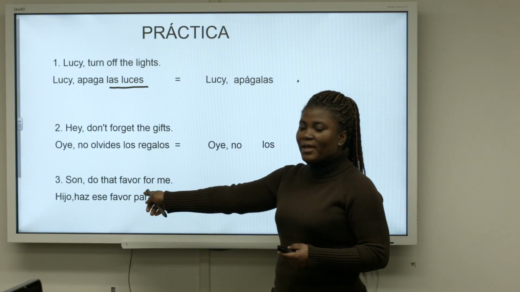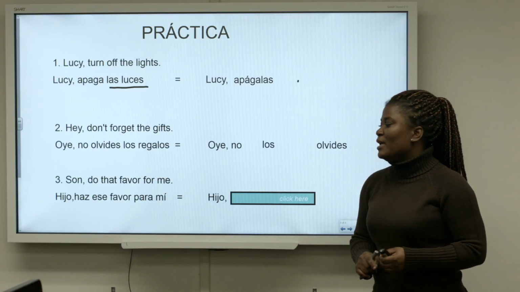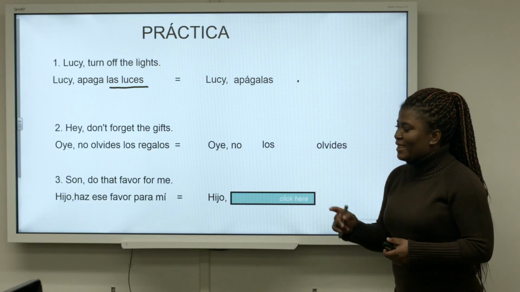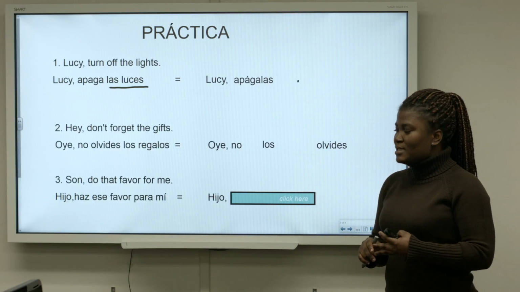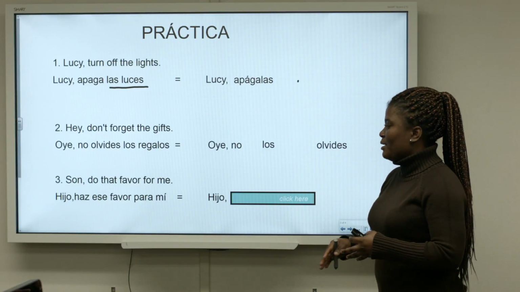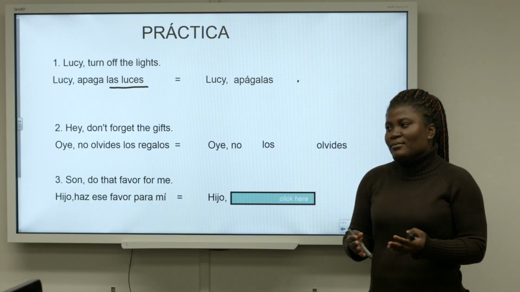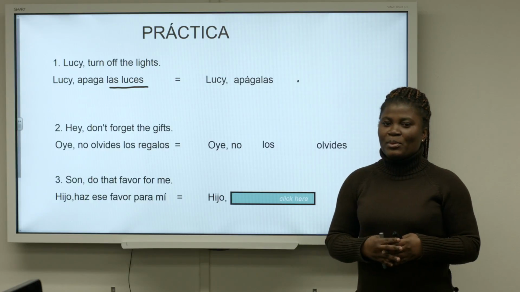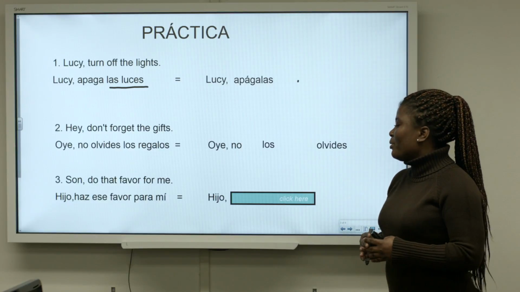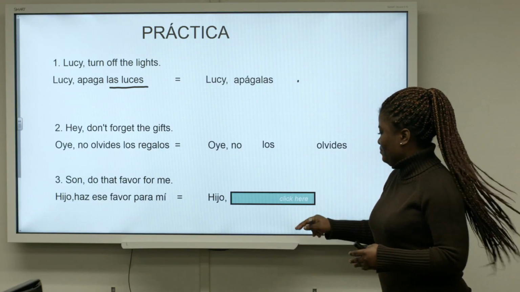So we have that favor as a direct object and me as an indirect object. That favor, because it's masculine and singular, will be replaced with the pronoun lo. And me, because it is the indirect object, will be replaced with the appropriate pronoun, which is me.